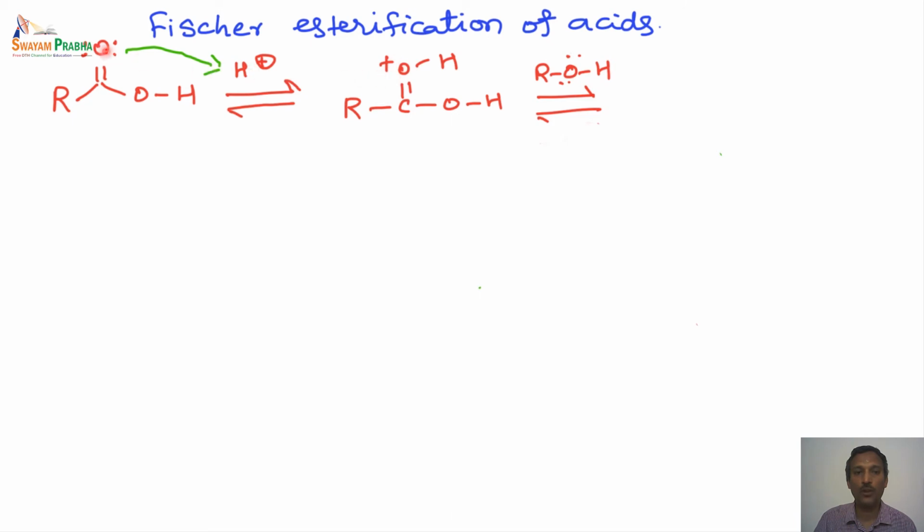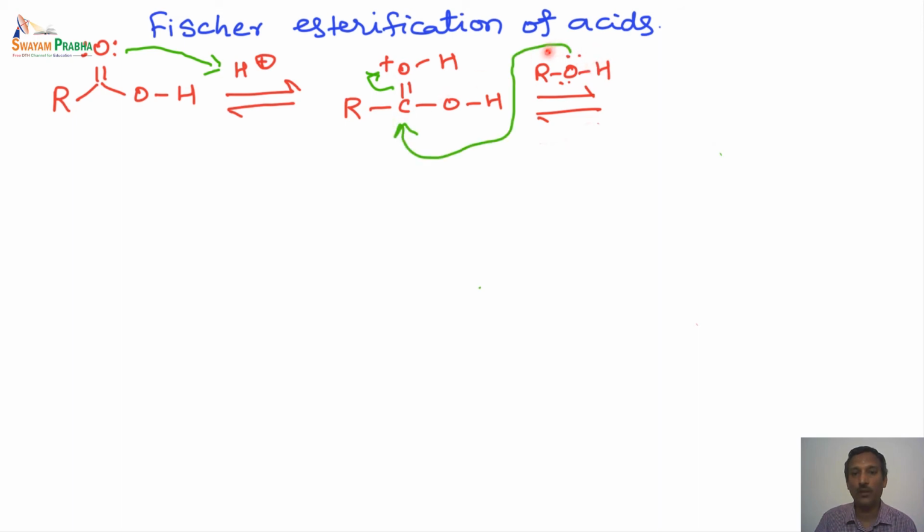Once a proton adds to the oxygen, we have an oxonium ion as shown here. The oxygen is electronegative, so the carbon-oxygen double bond electrons are pulled towards the oxygen, which makes this particular carbon electron deficient.